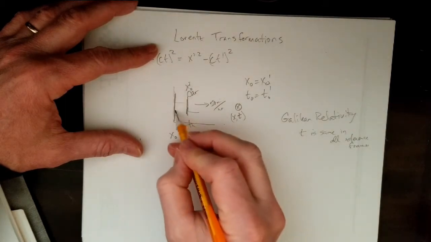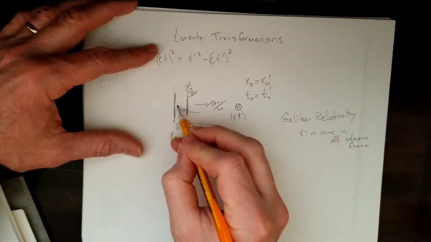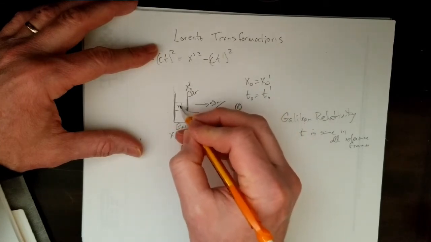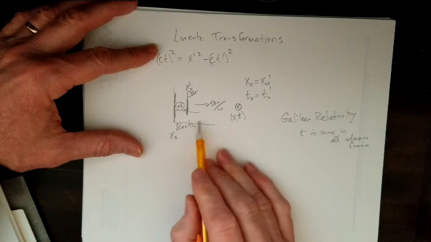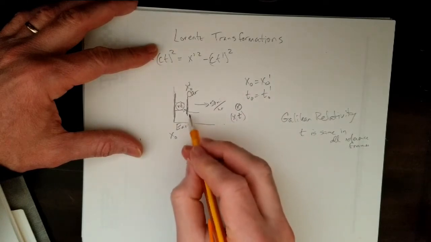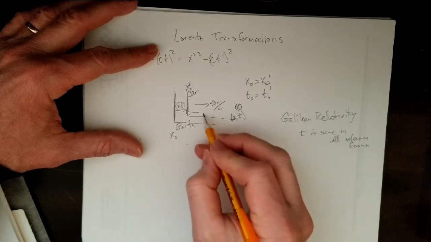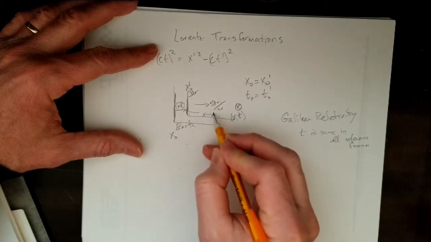Therefore, if the car is driven some distance, traveling at some speed v, 50 miles per hour, for some time t, then from the car's point of view, this event happened at x minus vt.